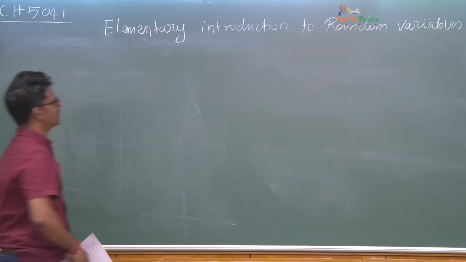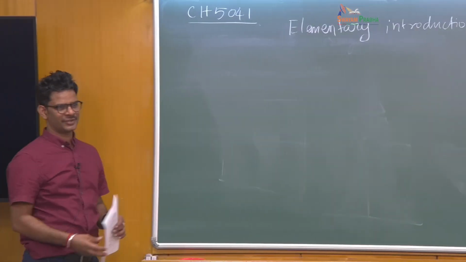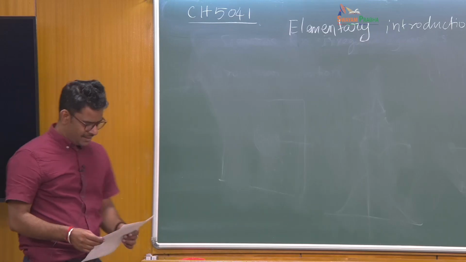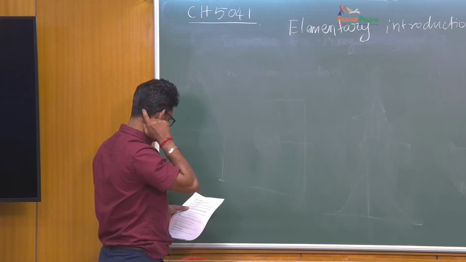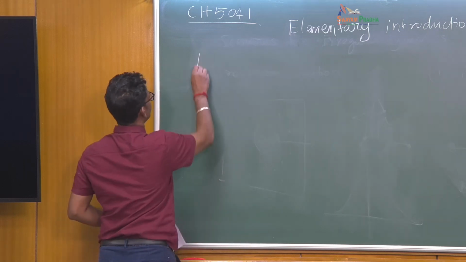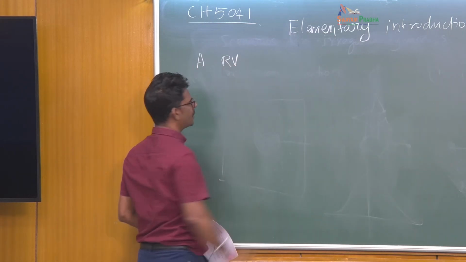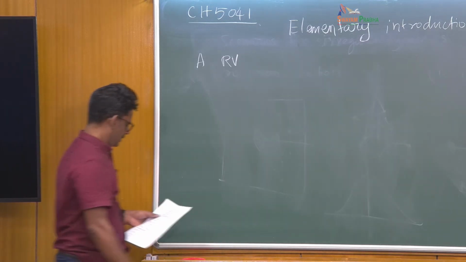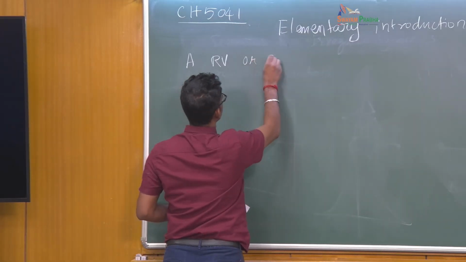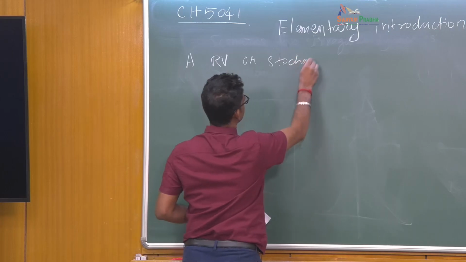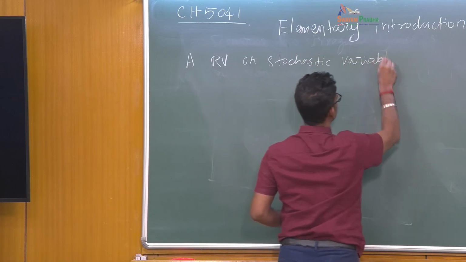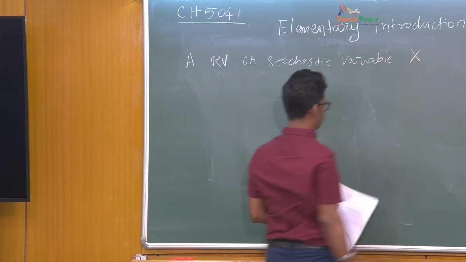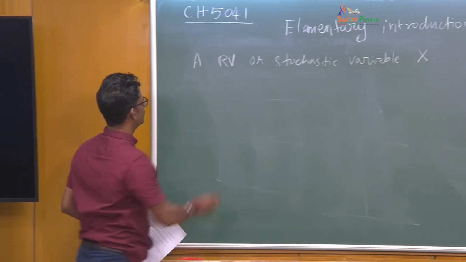It is not just an introduction, but an elementary introduction. That means we are going to go to the very basics. We say that a random variable, in short RV, or a stochastic variable X, is defined by two things.